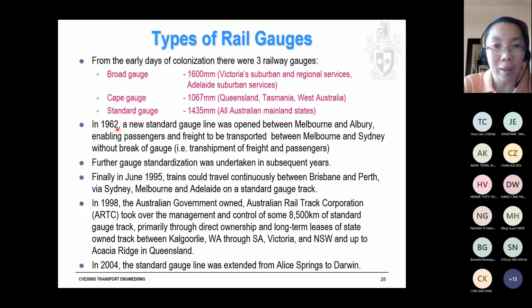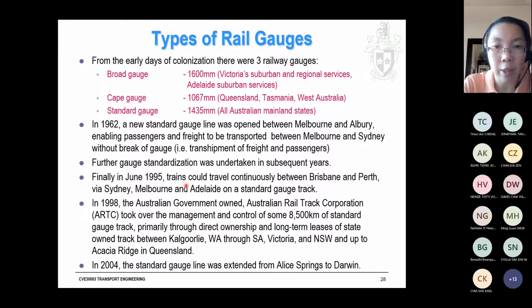So then standardization soon followed between Melbourne and Albury, and between Melbourne and Sydney, without break of gauge. That means transshipment of freight and passengers is once off from start to end. Then further gauge standardization was undertaken in subsequent years.